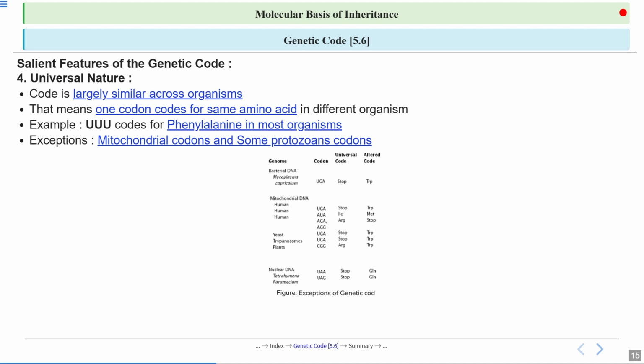There are some exceptions like mitochondrial codons or some protozoan codons, but in most organisms we will see that the UUU codon is coding for phenylalanine only. So this is the universal nature.